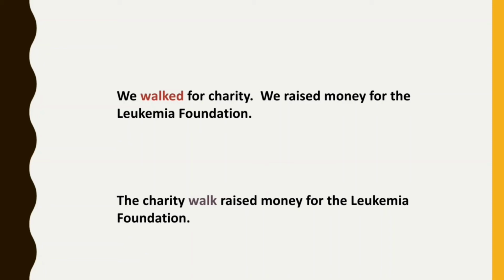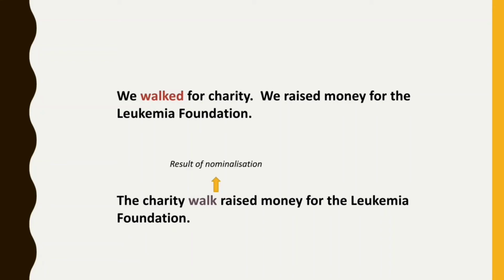Let's see this example. We walked for charity. We raised money for the Leukemia Foundation. The charity walk raised money for the Leukemia Foundation. So here, the verb walked in the first sentence has been nominalized to the noun walk.